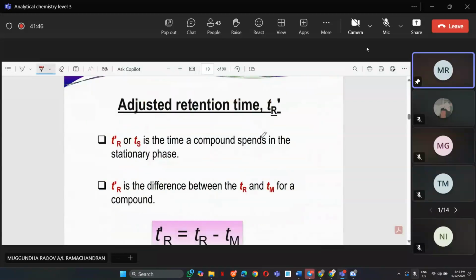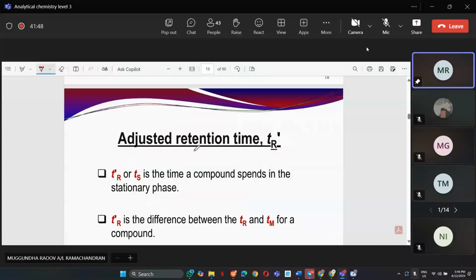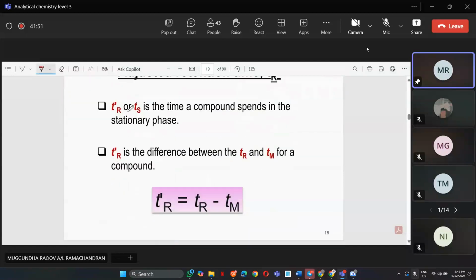Now, adjusted retention time, TR prime, or TS, is the time a compound spends in the stationary phase. TR prime is equal to retention time minus void time.